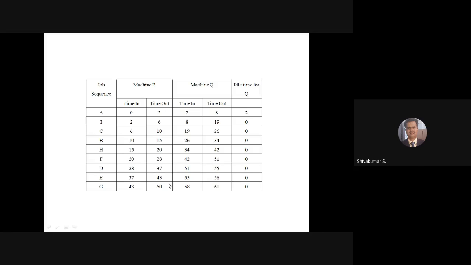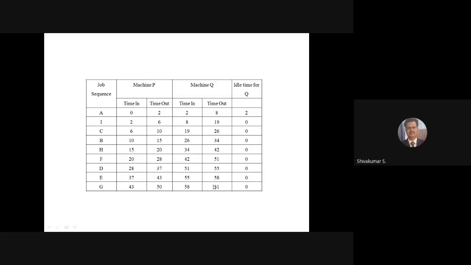Now here, you want the answer. So, what is the total elapsed time here? 61 minutes. Because to complete all jobs A to G, the total elapsed time is 61 minutes. What is the idle time for machine P? Here, 61 minutes is the total elapsed time, whereas P is free after 50 minutes only.